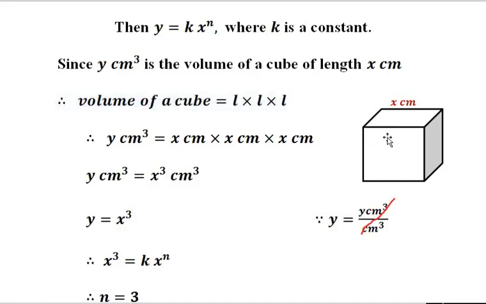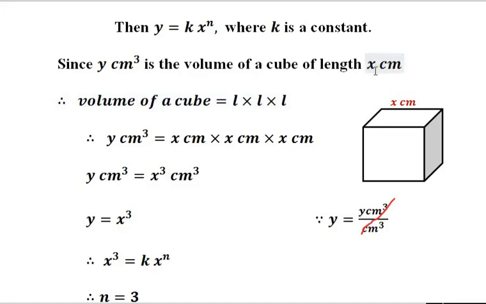In case of cuboid, we will be finding the volume of cuboid as length multiplied by breadth multiplied by height. Therefore y cubic centimeter or y centimeter cube, which is the volume of the cube given in the statement of the question, is equal to its length multiplied by length multiplied by length.